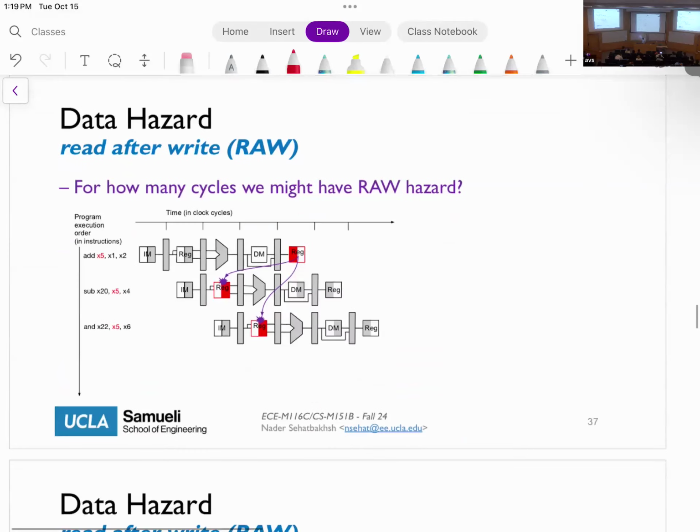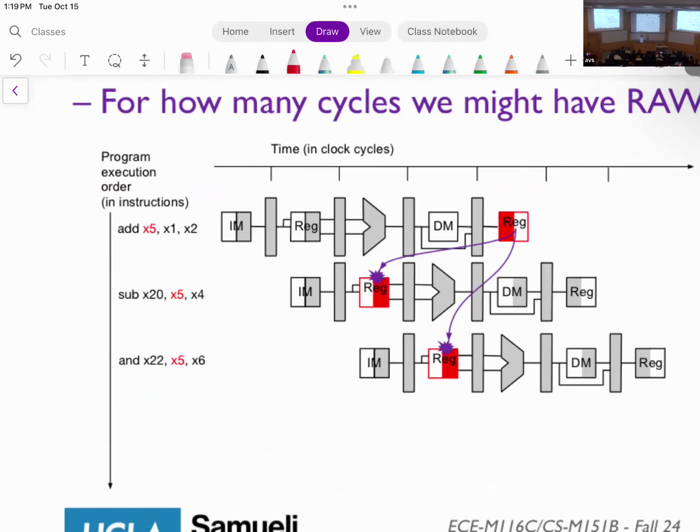So let's look at this example here. We have X5 being written in the first instruction. So that's my RD, that's my write. And I have 2 following reads. I have X5 in the sub instruction, and I have another X5 in this AND instruction. If I look at the timeline, I'll see that the write happens in the first half cycle of cycle 5. I already told you that the sub needs to read in the second half of cycle 3.